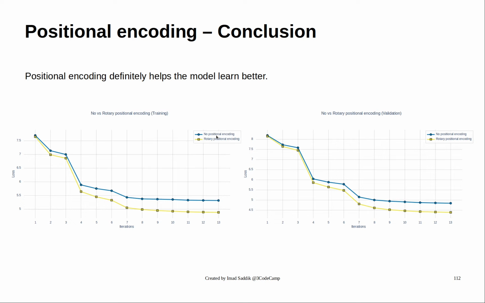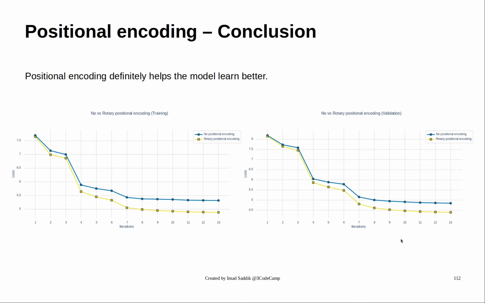So if we decide to not use positional encoding, we will get this blue line. So the loss will be here, and the same for validation. But just by adding positional encoding, we improved the performance of the model by a big margin. So you can see the gap between no positional encoding and Rotary is very big. And the same for validation.